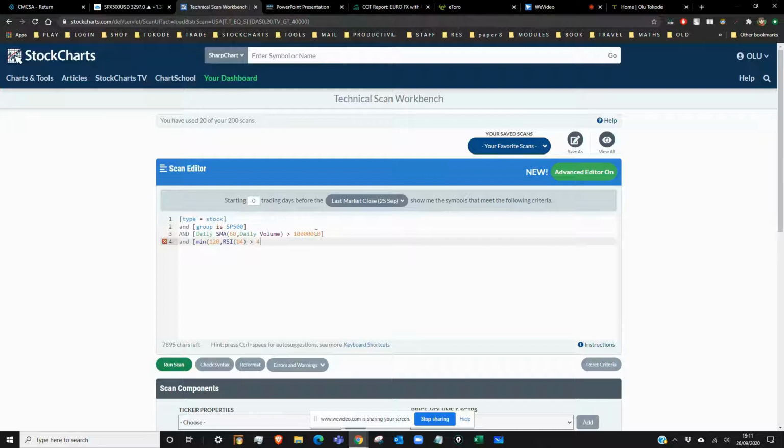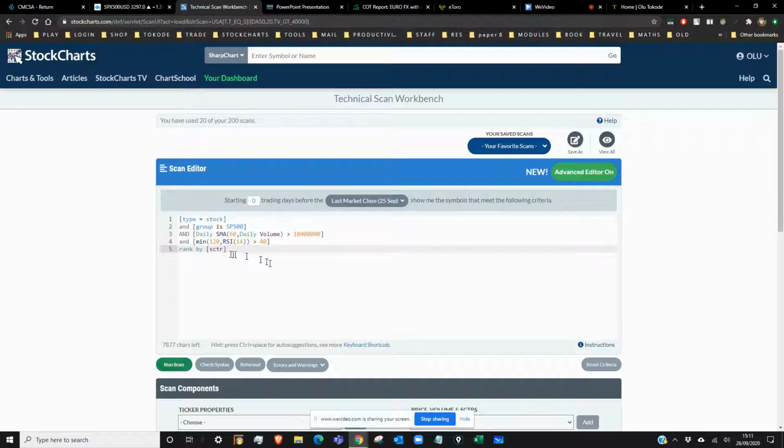Greater than 40. Is that correct? No, something is wrong. And minimum over the past 120 days. All right, I'm missing a bracket. Yeah, that's correct. So I'm going to rank them using the scooter. So that's my code.